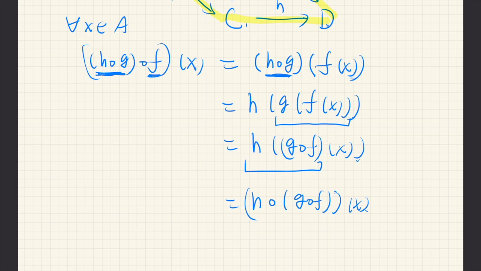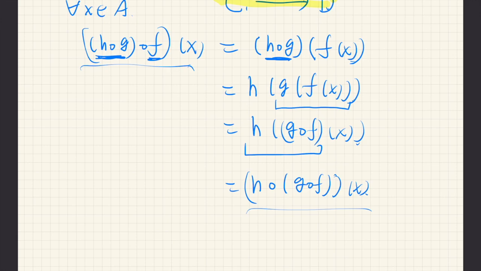So for any x in A, we have this equality. So that means these two composed maps are the same. So they are equal. h after g after f is equal to h after g after f. And we are done.